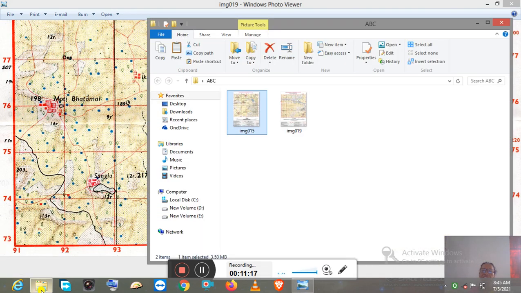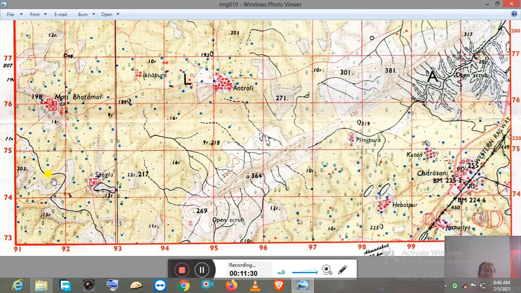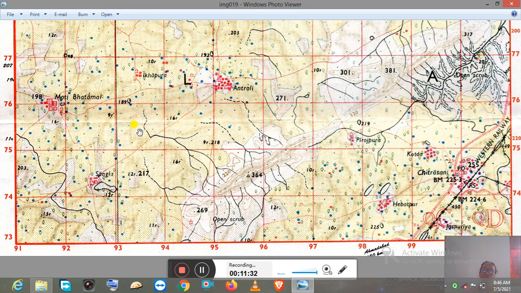You have learned different heights. All different heights are shown in the map. So, just now I mentioned triangulated height.